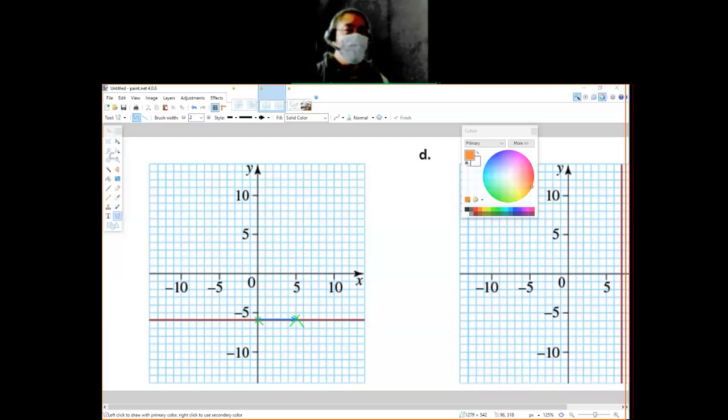Tyler, if you have $0 and you share it among 5 people, how much does each person have? Still 0. You can split 0 into any number of shares, it's still going to be 0. So the gradient is 0. For this situation, you see the line is horizontal. The gradient is 0.